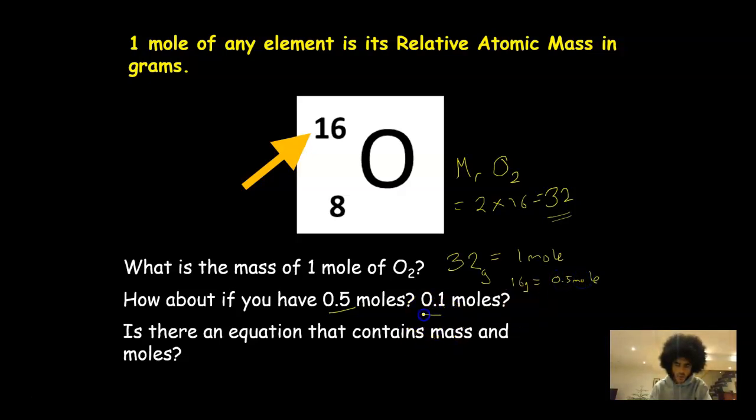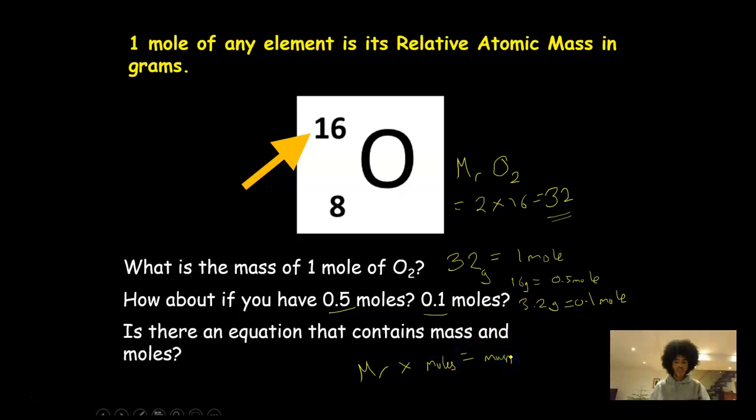And then if I've got 0.1 mole, which is a tenth of 1, then it would be a tenth of 32, which would be 3.2 grams, which would equal 0.1 mole. So you can see that basically all I'm doing is, in order to get to the number I'm looking for, I'm basically multiplying my MR by the moles, and that effectively gives you the mass.